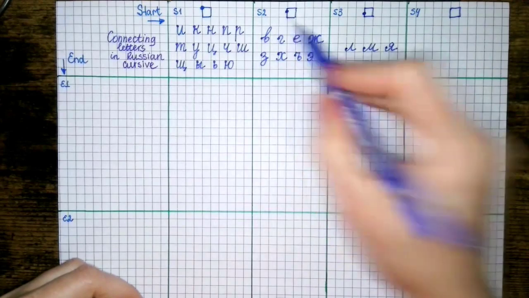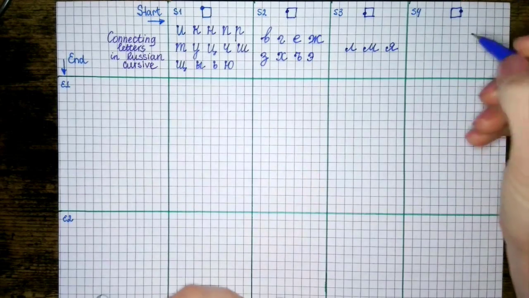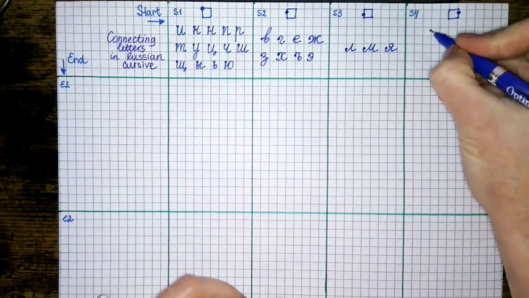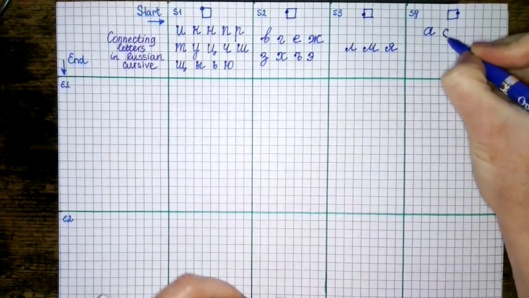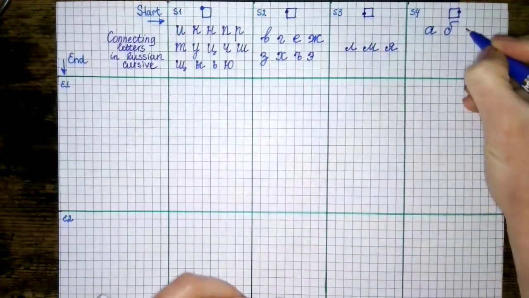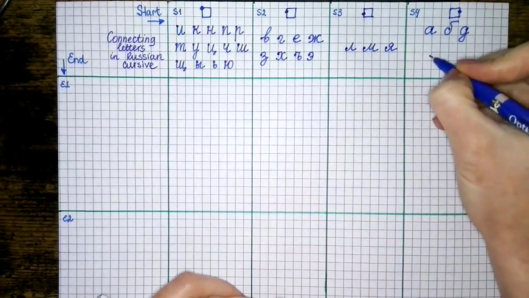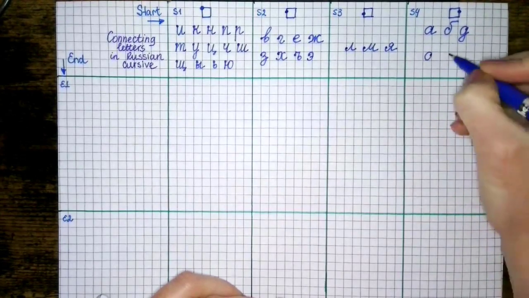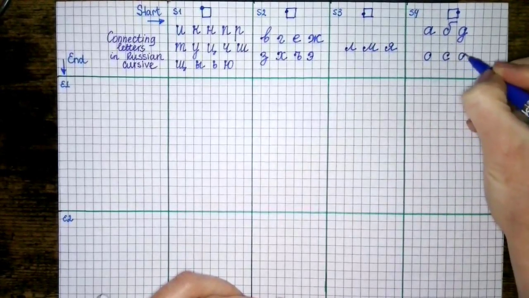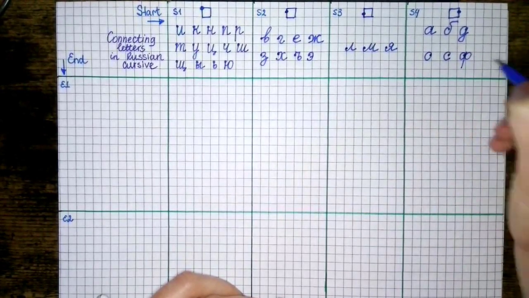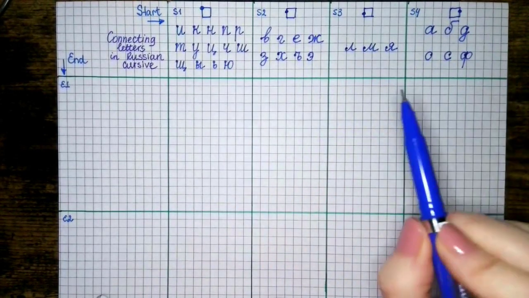So right here. In here we have 6 letters: A, B, D, O, S, and the letter F. As you can see, all of these letters are lowercase letters.